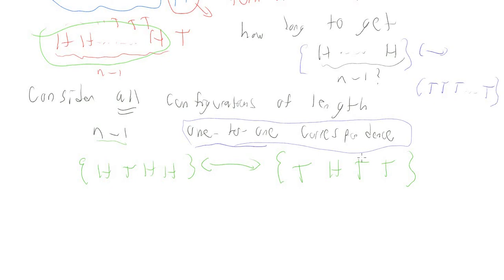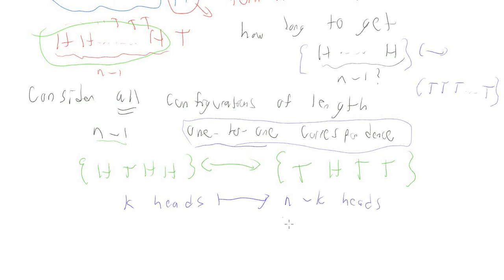So now, under this one-to-one correspondence, we make a new game. Notice if we have k heads, over here we're going to have n-k heads.